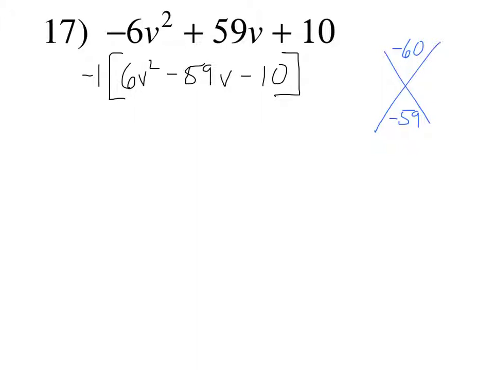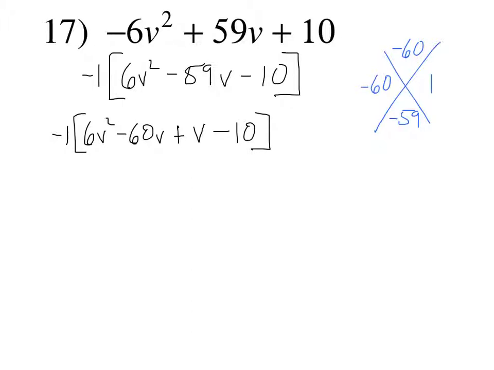That's exactly it: negative 60 and 1. So we need to break apart that middle term. Negative 1 times 6v squared minus 60v plus 1v minus 10.